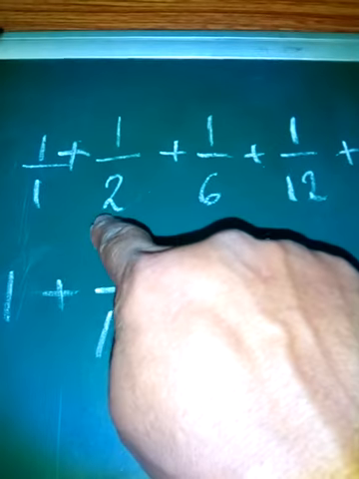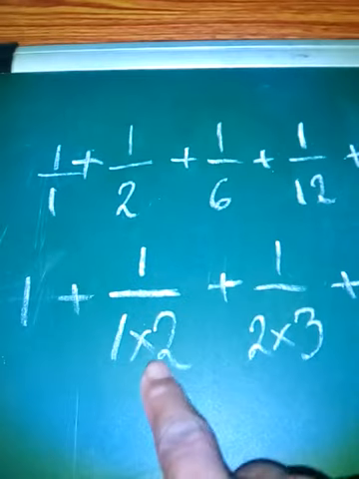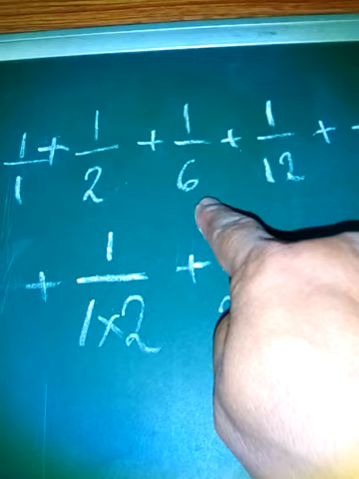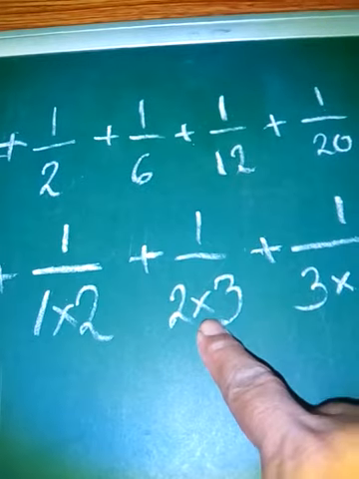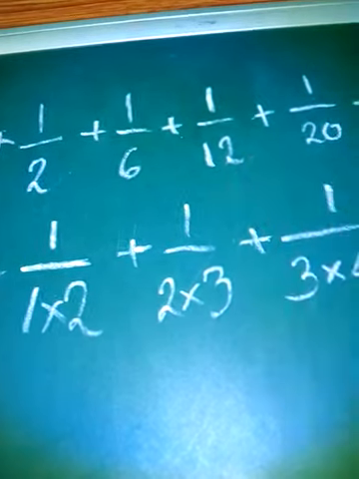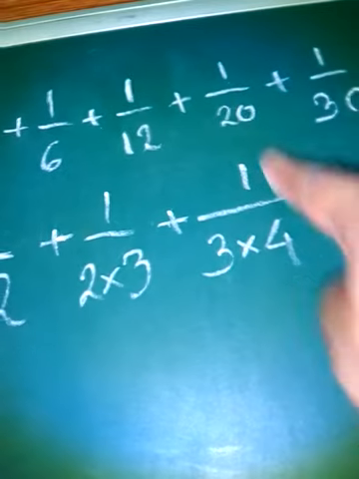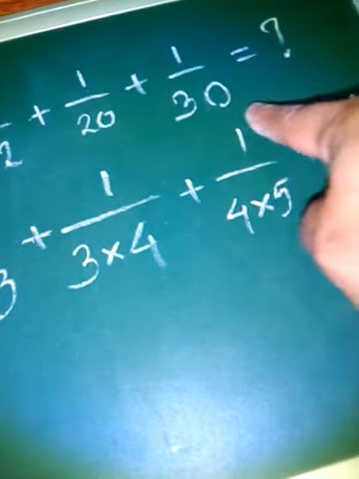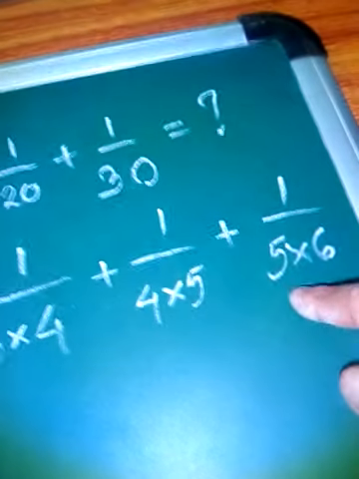So this 2 is written as 1 into 2, this 6 is written as 2 into 3, this 12 is written as 3 into 4, this 20 is written as 4 into 5, and this 30 is written as 5 into 6.